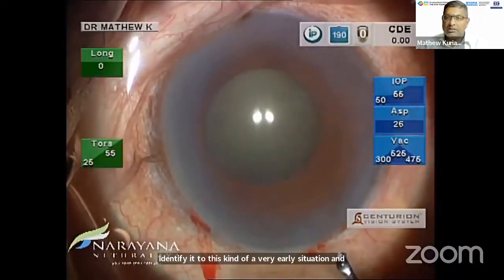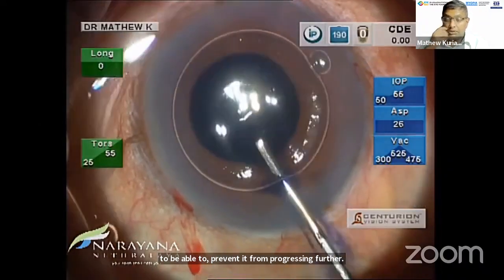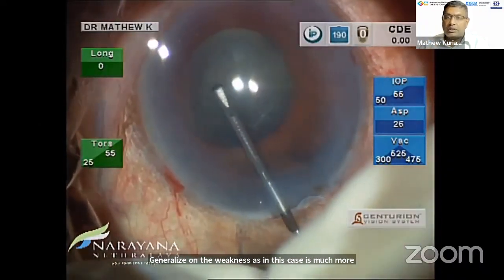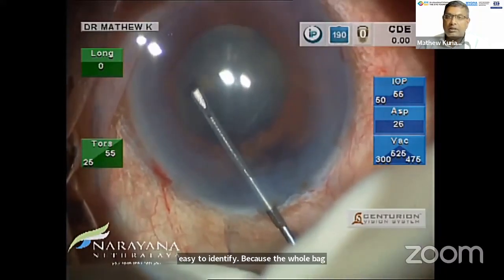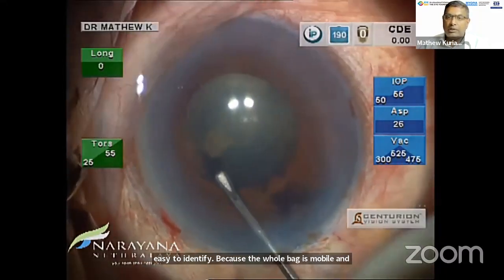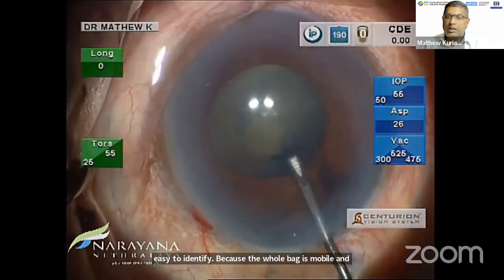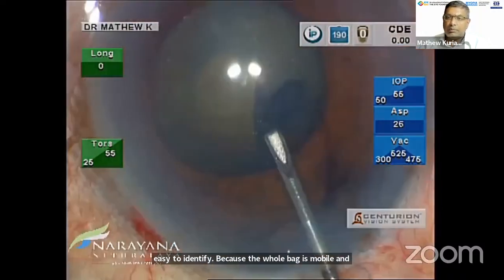Generalized zonular weakness, as in this case, is much easier to identify because the whole bag is mobile and the folds, as we create the rhexis, are very prominent.